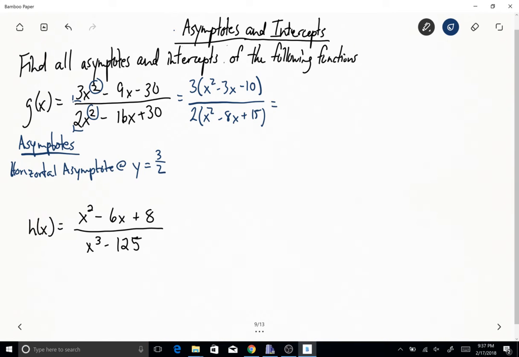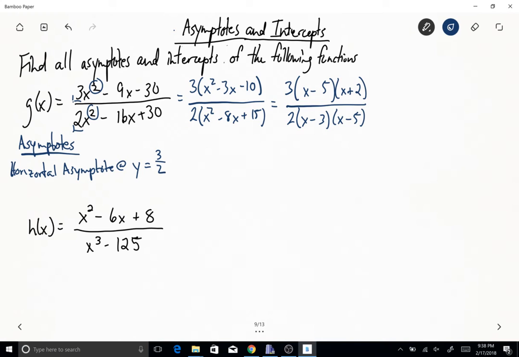So notice in our numerator we have 3, then we have x minus 5, and then x plus 2, I believe. And down below that would be 2, and then we have x minus 3 and x minus 5, the two numbers that multiply to give you 15 and add to negative 8. Okay, so this tells you some information.